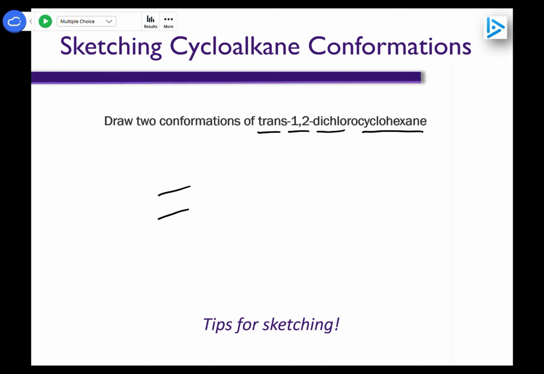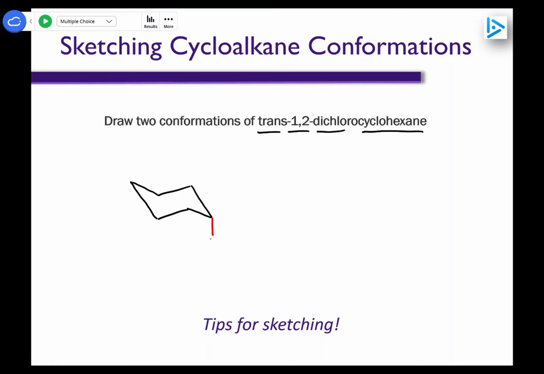We're going to start with 2 parallel lines kind of stacked on top of each other. On the right, draw a down triangle. On the left, draw an up triangle. Then I want to turn this into a 1,2 trans dichloro.